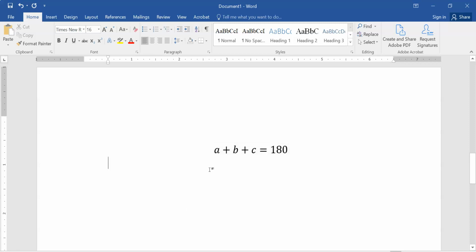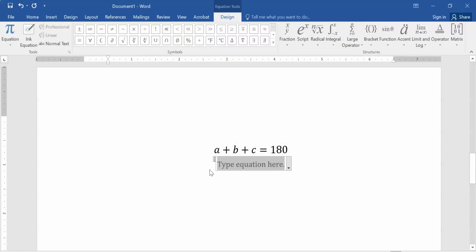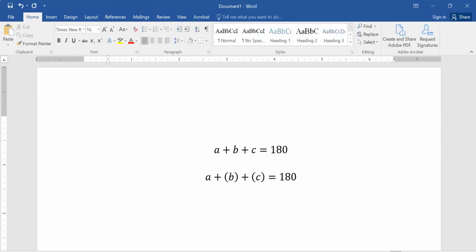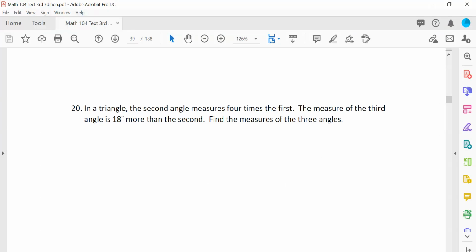All right. Now there's going to be a relationship from A to B to C. And we have to figure out the relationship between A and B and C. That relationship is going to be in the next two sentences.